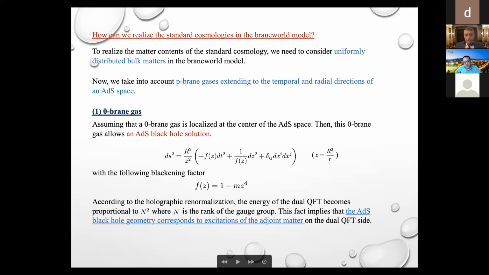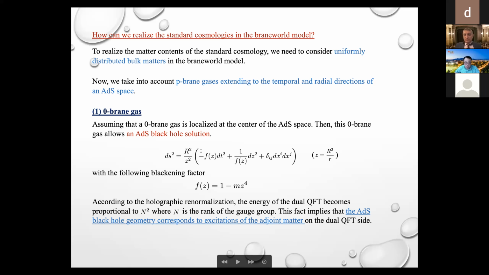Let's see. If we consider a zero-brane, it is a zero-dimensional object which is extended in the time direction. Zero means the number of spatial dimensions. If we consider zero dimension and assume that this zero-brane is located at the center of AdS, then the backreaction of this zero-brane gives rise to this type of metric with this blackening factor.